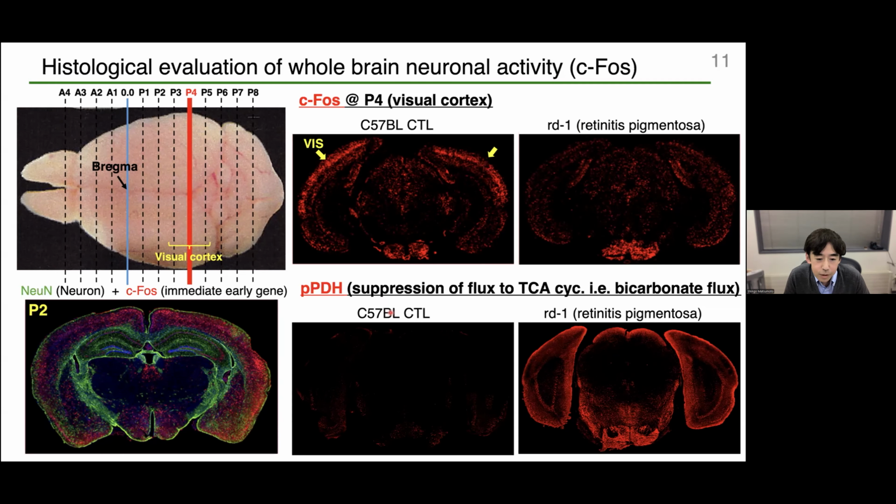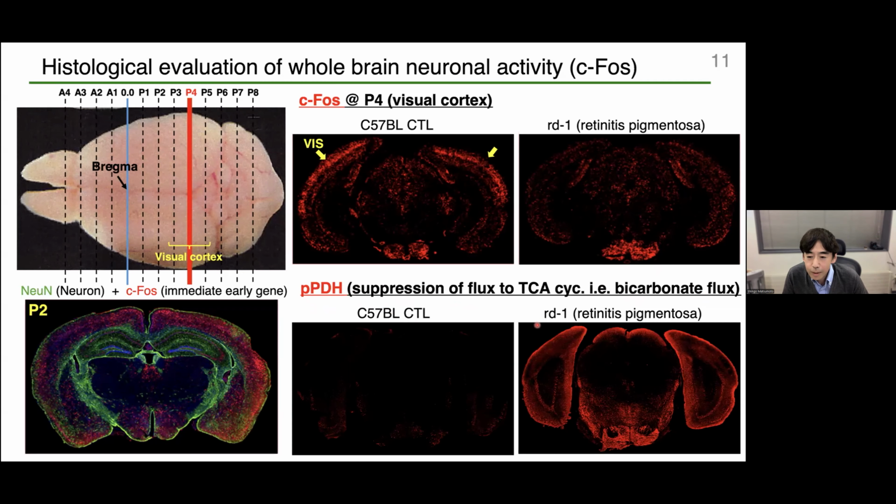And the bottom image shows another fluorescence image, of phosphorylated PDH. This red fluorescence indicates the suppression of metabolic flux to the TCA cycle, corresponding to the suppression of bicarbonate flux. As you can see, almost no suppression of the TCA cycle was observed in the healthy control brain, but it was markedly suppressed in the chronic RD1 mice.